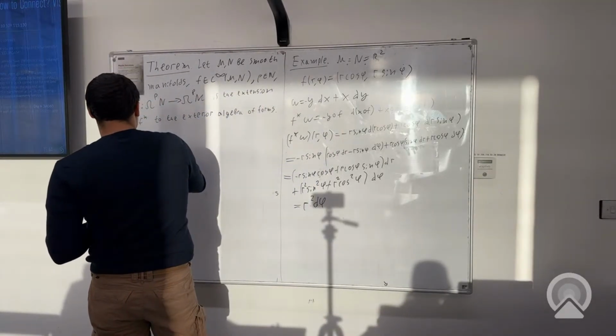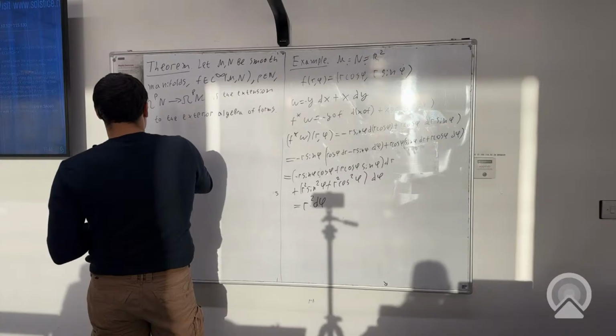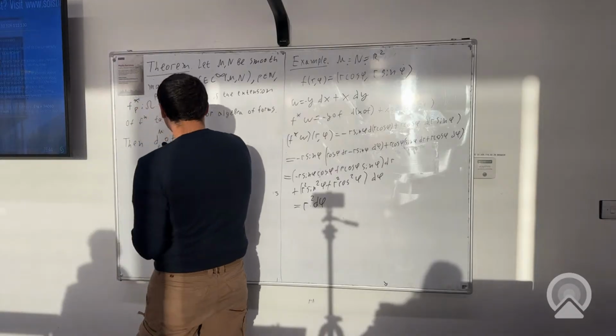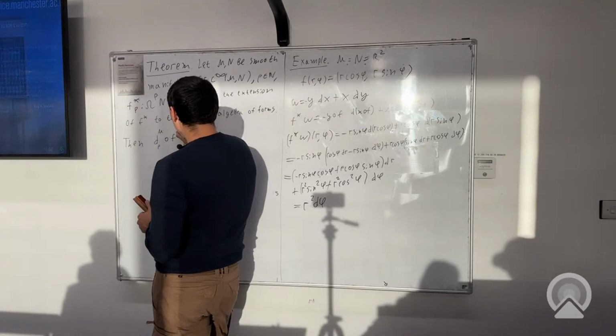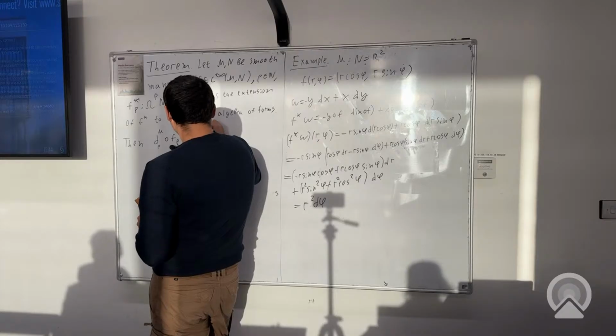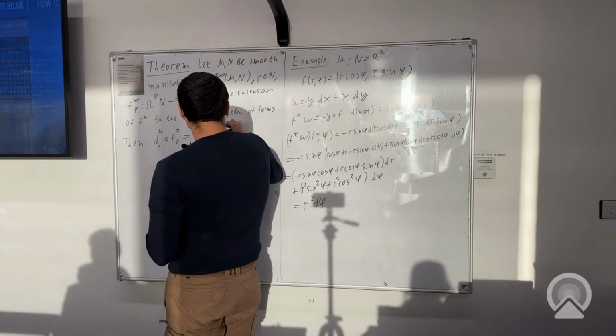So d P, the exterior derivative in N, composed with F star P is the same as F star P plus 1 composed with the exterior derivative in M.